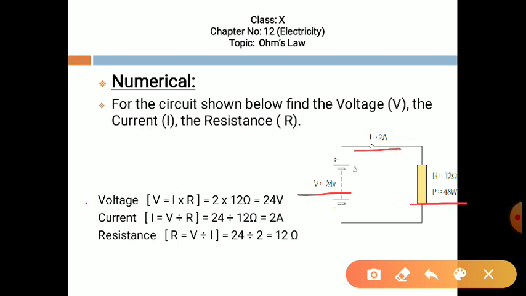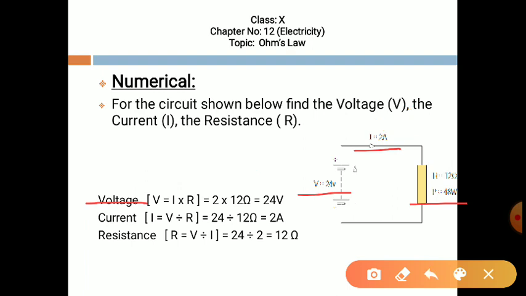If you are supposed to find out a voltage in the given circuit, then you are having current and resistance. Then the formula will be V is equal to IR. Here I is 2 ampere, resistance is 12 ohm. V is equal to IR, we get 24 volt.